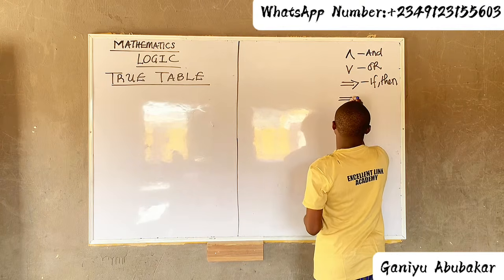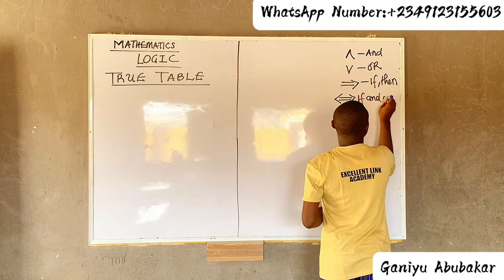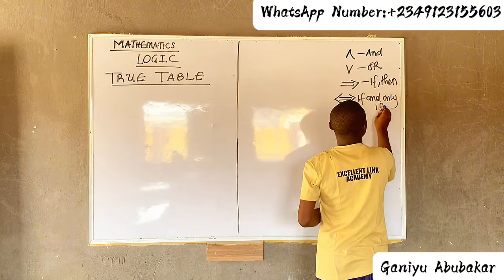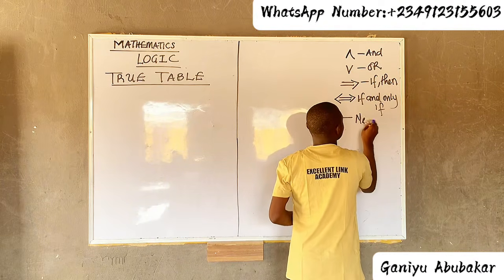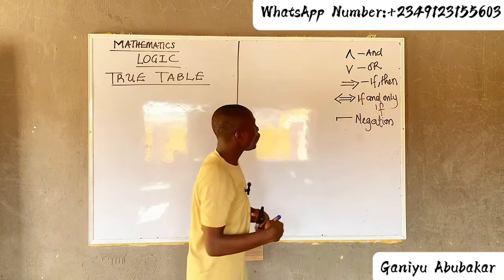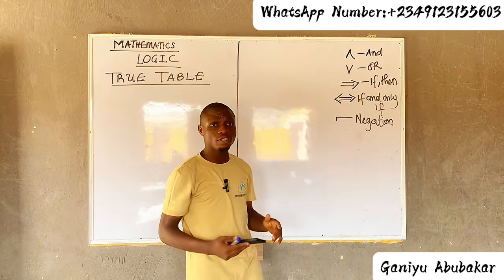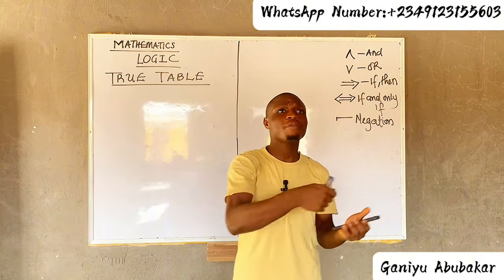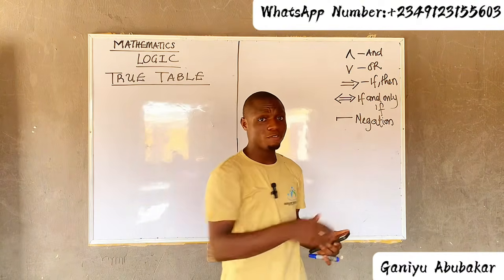We said this one here means if and only if, and we said this one here signifies negation. So these are the four connectives that we have, and I showed you how to use them in writing the verbal meaning of an expression, right? So that's, by the way, for our last class.